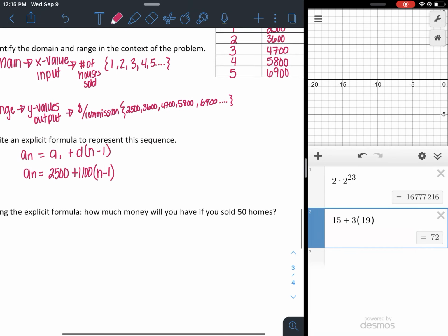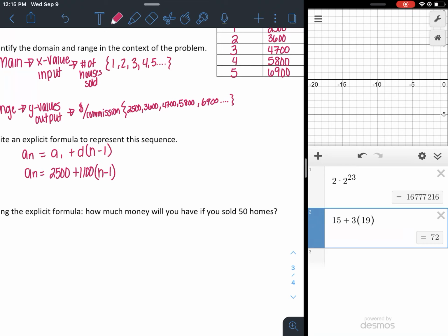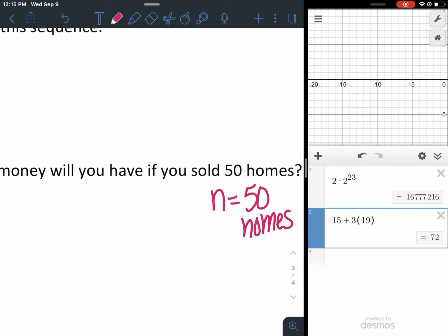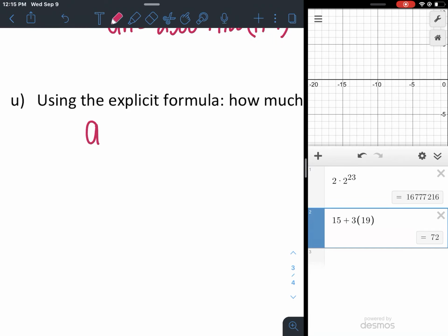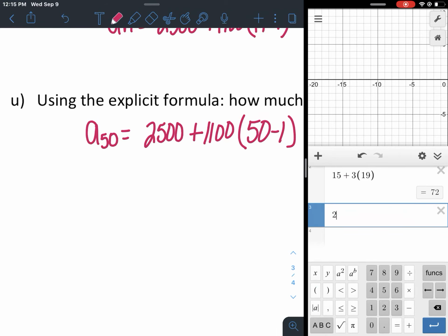Now, how much money will you have if you sold 50 houses? So we'll plug in n equals 50 homes. So a sub 50 equals 2,500, our first term, plus the common difference times 50 minus 1.